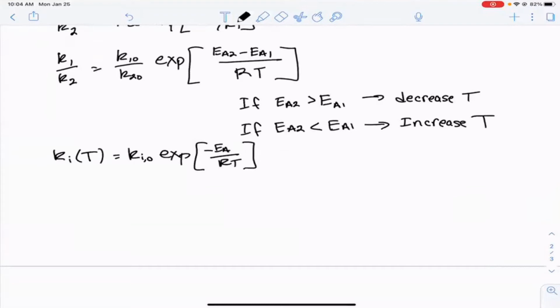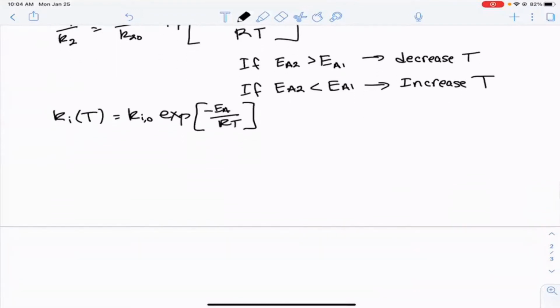Well, what we can do then is figure out the expression for this reaction rate constant at any particular temperature. So I could say that Ki at T2 was equal to Ki0 times the exponent of minus EA over RT2.